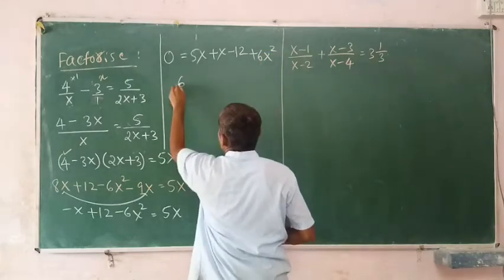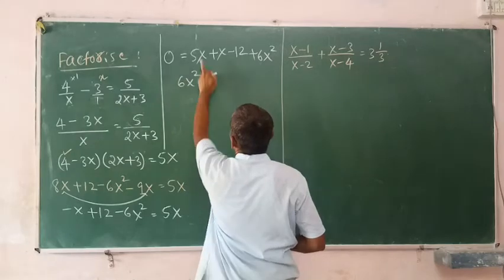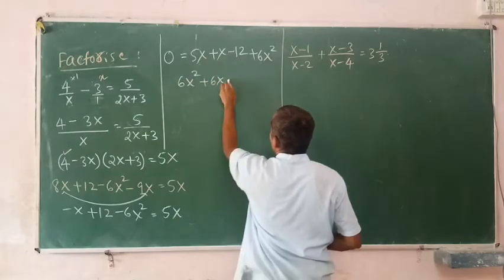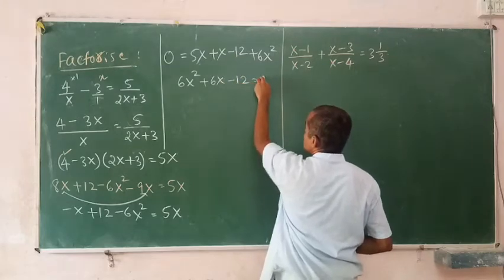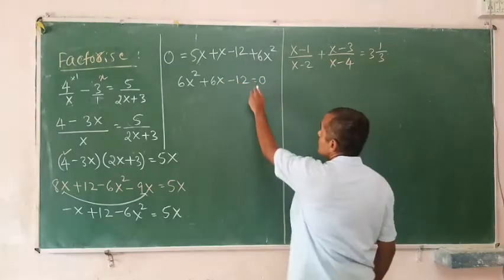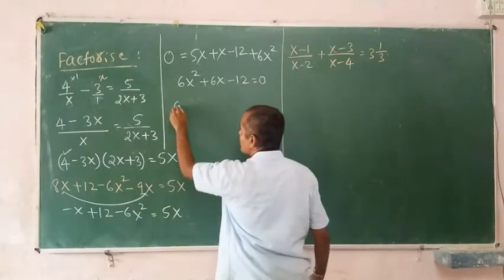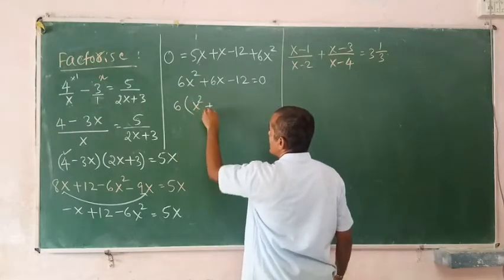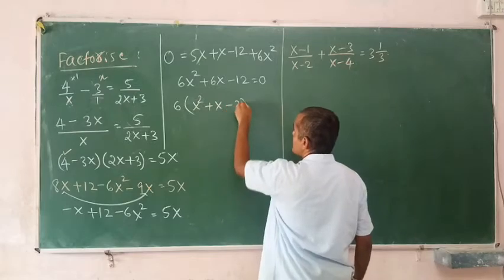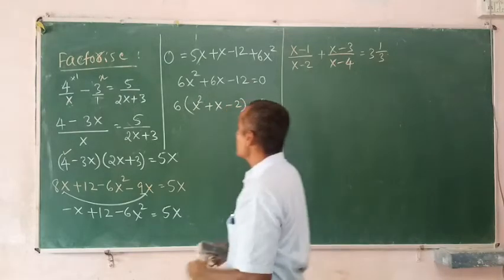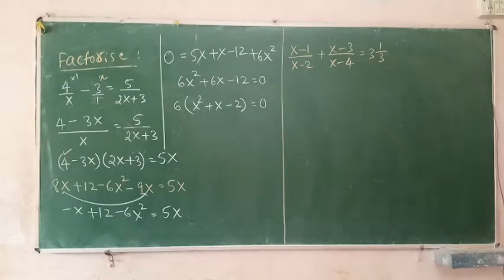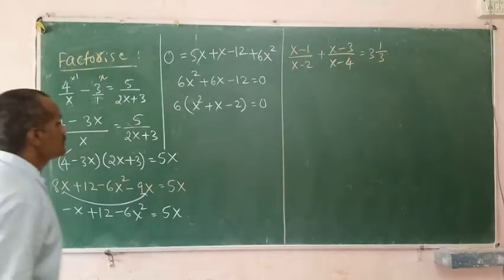It is 6x square plus 6x minus 12 is equal to 0. I can take 6 as a common factor: x square plus x minus 2 is equal to 0.